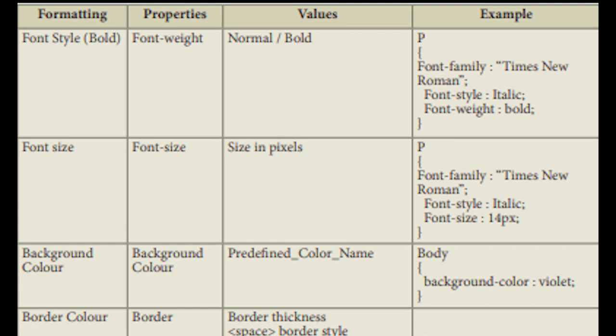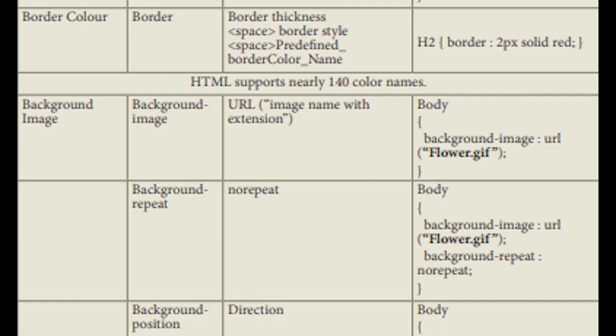And next one, background color, you can give any one predefined color. Border color also, you can give border thickness, and then you can give a space, border style, space, and you can give the predefined border color also, right?